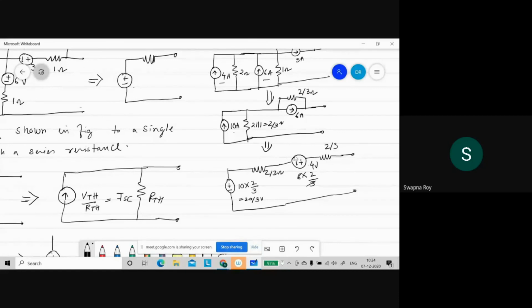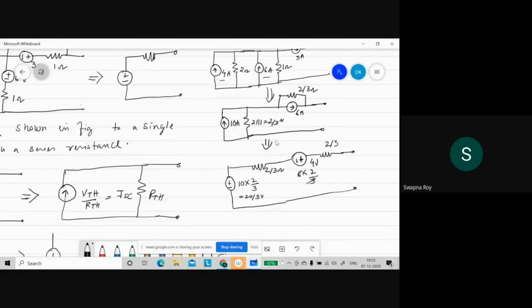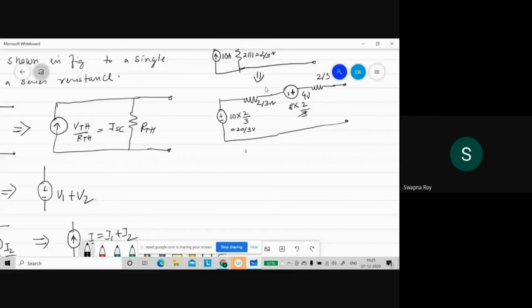Now I told you that 2 voltage sources in series, we can add them. So the value of the voltage source will be 20 by 3 plus 4 volt, which is 32 by 3.